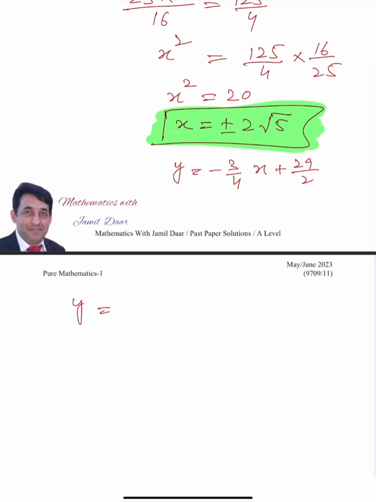Substitute the value of x: minus 3 over 4 times plus minus 2 square root of 5, plus 29 over 2.